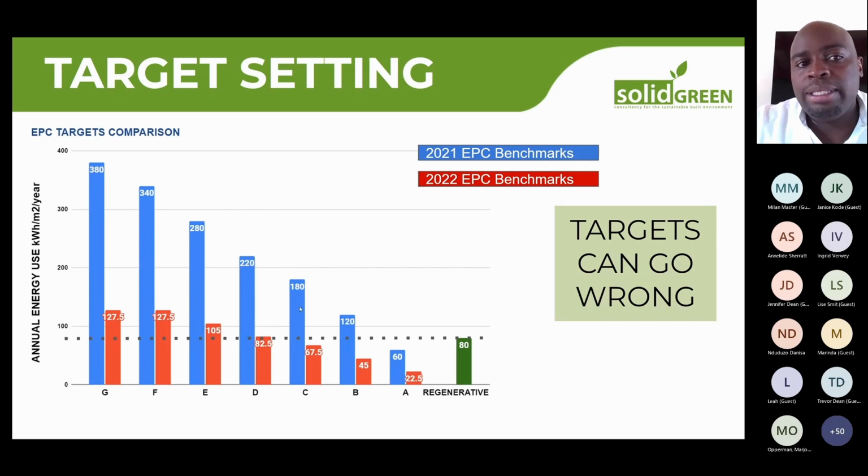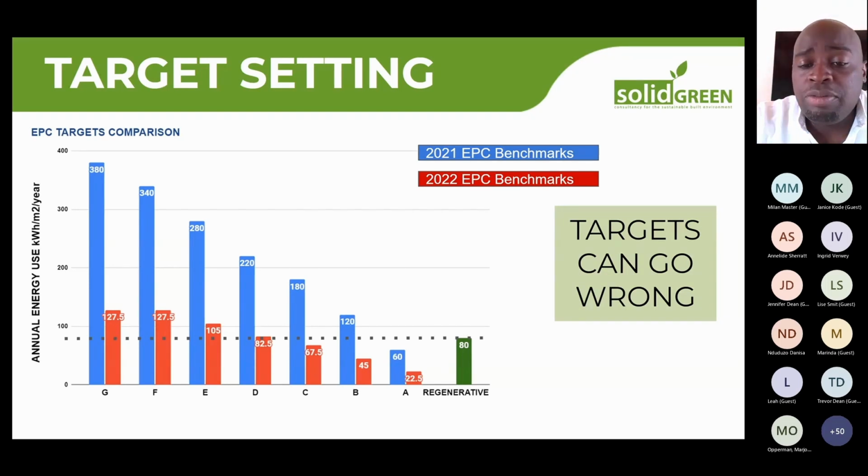So that really means that the idea of EPCs as a target or benchmark is really good, but I think the previous ones were maybe a little bit better to go along with, because it correlated a lot with what we were seeing as the potential of buildings, and now it really makes it quite difficult.